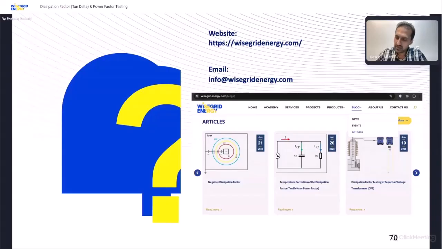Okay, you have a bushing with dissipation factor at 60 hertz of about 0.8%, and when they increase the frequency up to 400 hertz, they get 2.42%. It means that by increasing the frequency, the dissipation factor increases.